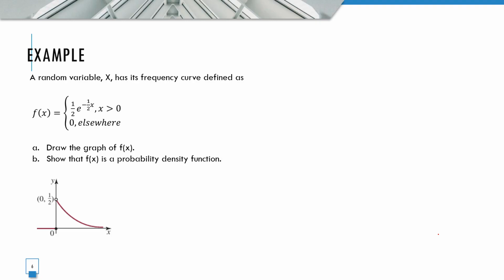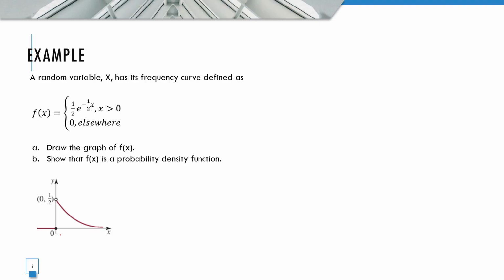A random variable x has its frequency curve as the function 1 half e raised to negative 1 half x, for x greater than 0, or 0 elsewhere. Okay, so first let's draw the graph of the function f of x.